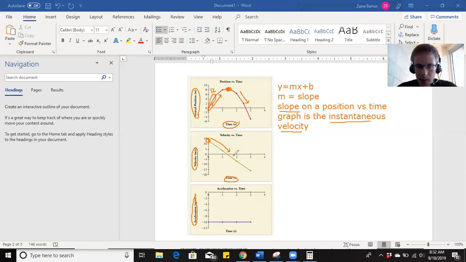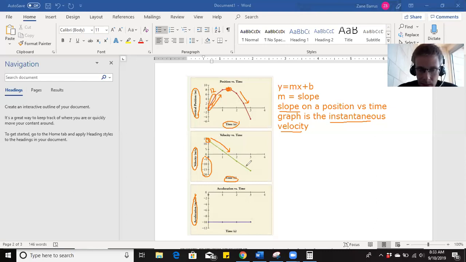You can see that reflected in the velocity versus time graph: now that the object has a negative slope, our velocity is entering negative territory, because it's got a negative slope up above. And as time marches on, this red line gets steeper and steeper, and this velocity graph, this green line, is getting more and more negative.